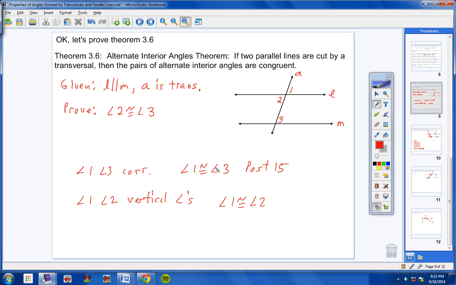I mean, look what I have right here, students. I have angle 1 is congruent to angle 3. Angle 2 is congruent to angle 1. Look at this. I have transitive. I have angle 2 is congruent to angle 1. And angle 1 is congruent to angle 3. So I could definitely state that angle 2 is congruent to angle 3. And that's what I'm trying to prove.